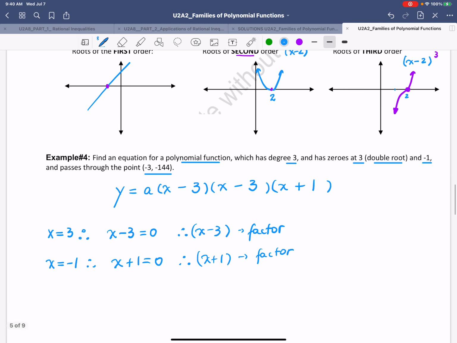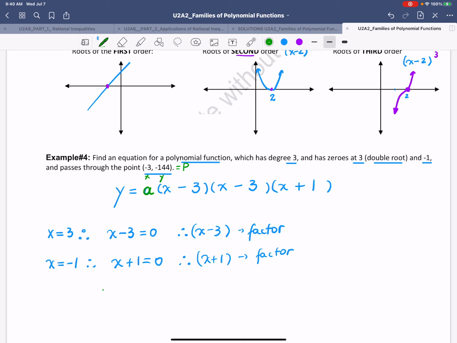So remember that we are asked to find the equation of this polynomial function, which means that we will have to identify the coefficient a as well. And for this, we will be using the coordinates of the given point with x equals negative 3 and y equals negative 144, which means that if I substitute the x and the y of this point into the equation that I have found so far, then that will satisfy the equation.